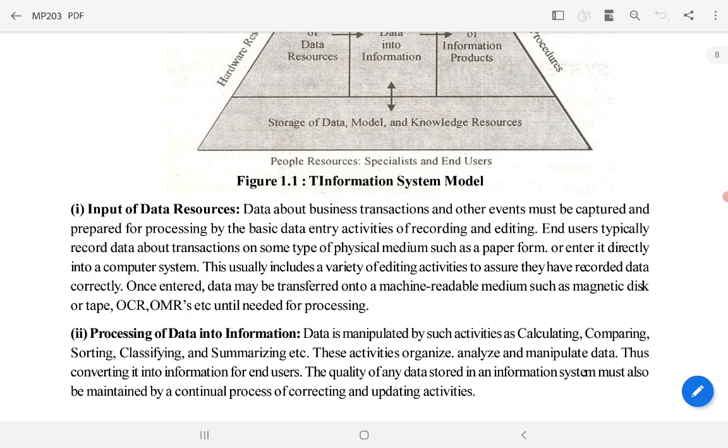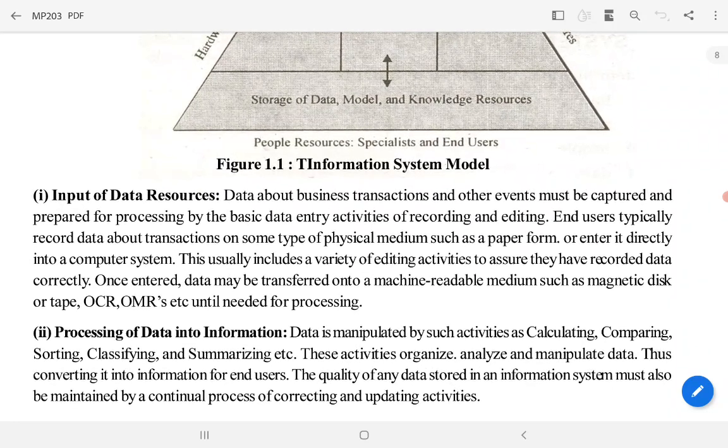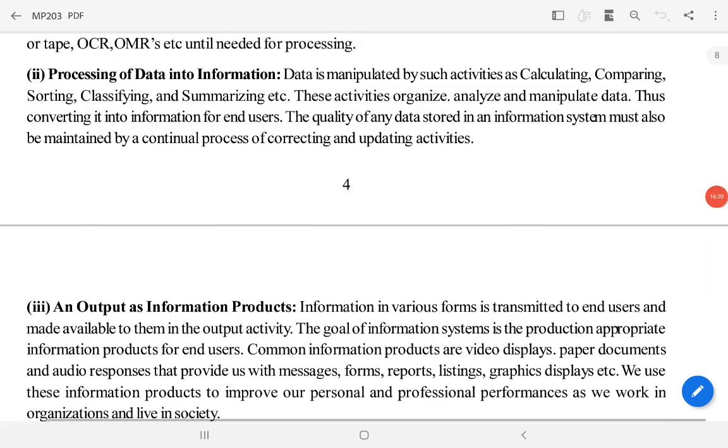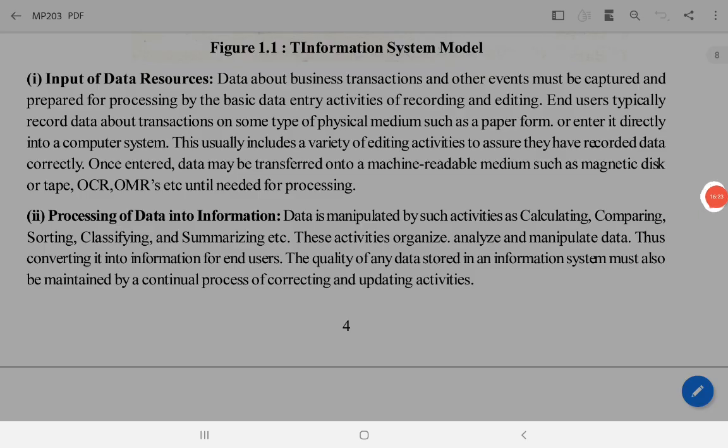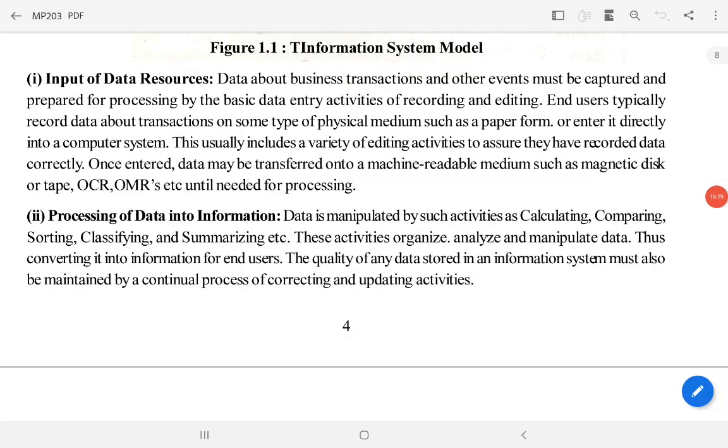First one is input of data resources, meaning data about business transactions and other events must be captured and prepared for processing by basic data entry activities. Second one is processing of data into information, meaning converting raw data into information.